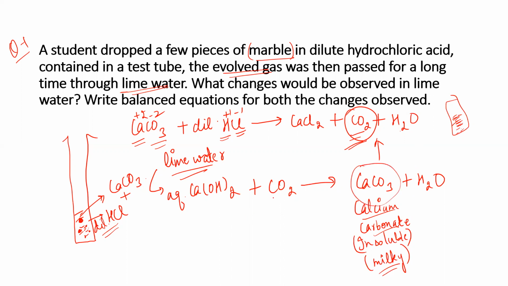So this is the case when we pass CO2 gas for a very short time. For a very short time, if we pass CO2 gas through calcium hydroxide solution, then the product formed will be calcium carbonate and water. But in the present question, we passed this gas for a very long time through lime water.